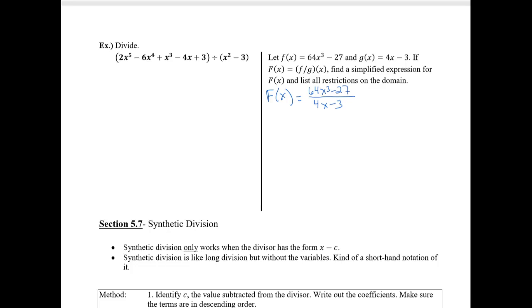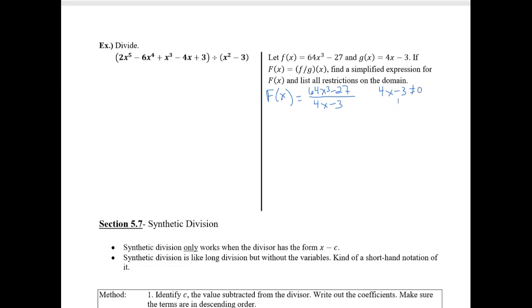Now let's talk about the restrictions on the domain. Remember, when a function is a rational function, meaning there are variables in the denominator or two polynomials being divided, the restriction is that the denominator cannot be 0. So 4x minus 3 cannot equal 0.